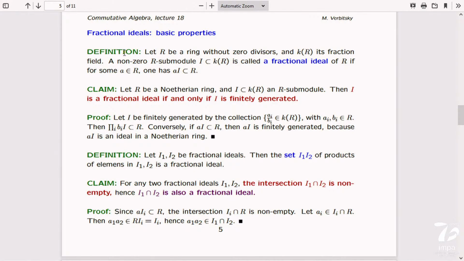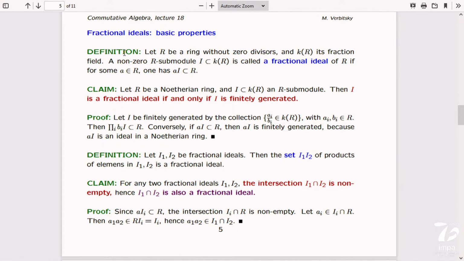And of course, if you speak of numbers, it's only natural to speak of fractional numbers, and this is how you work with these fractional ideals. These are a bit like ideals, but not in the ring, rather in its field of fractions.